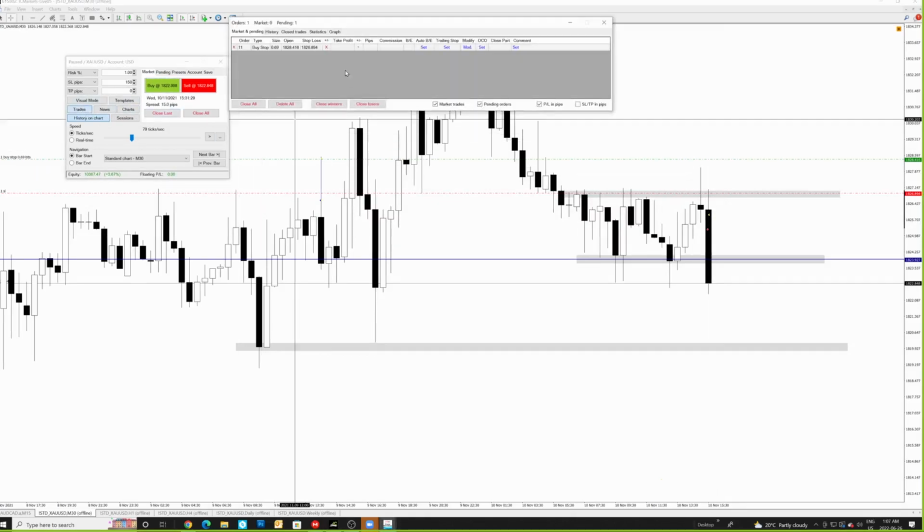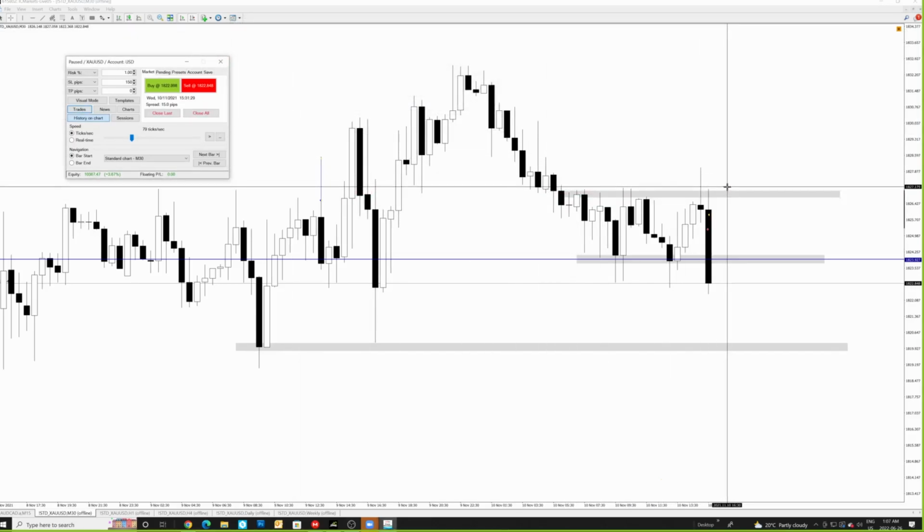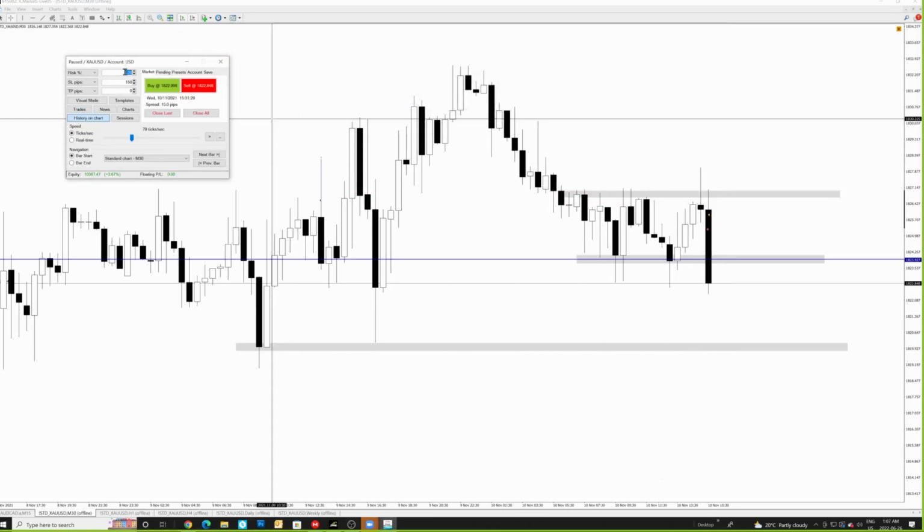So we're going to remove this right here, and we're going to attempt to take a buy as we break above this high, with 0.5% risk. Let's see. The sell stop got in a drawdown, so I just closed it.